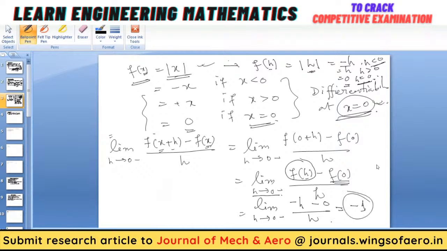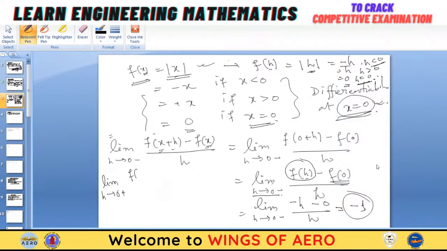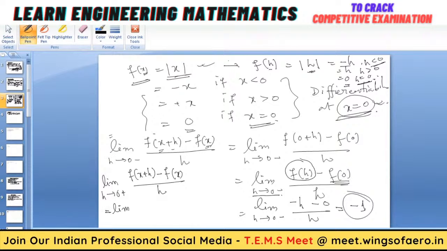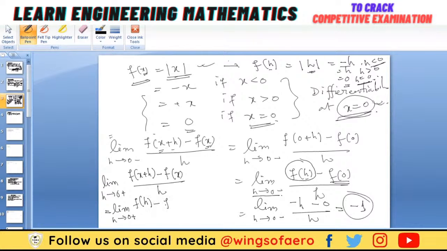Now let us find the limit h tends to 0 plus. This is equal to limit h tends to 0 plus of f of x plus h, and again putting x is equal to 0, it becomes f of h minus f of 0 divided by h.